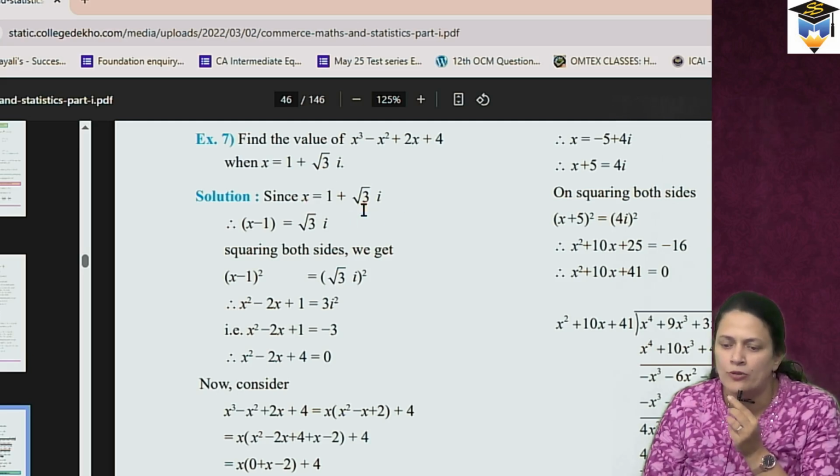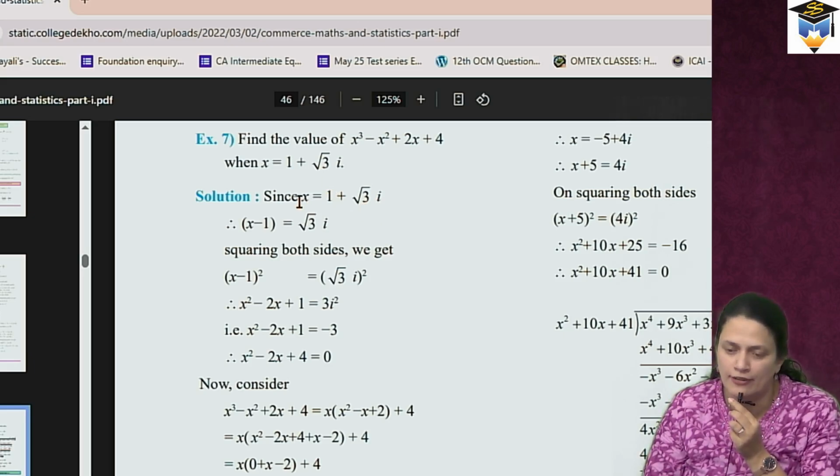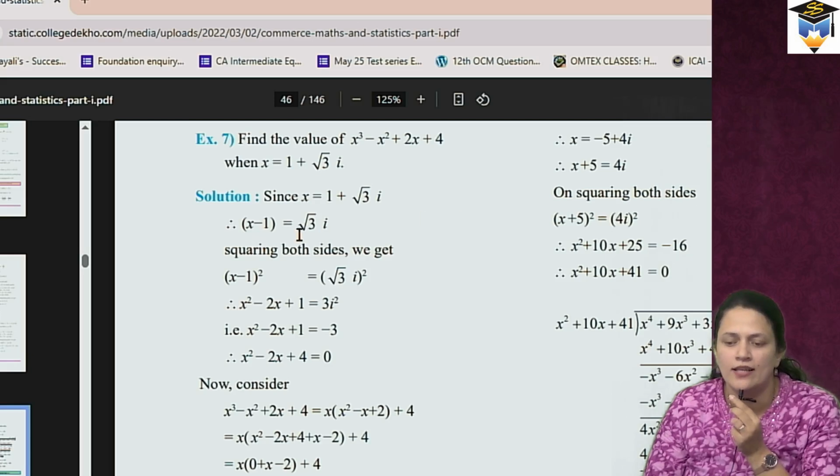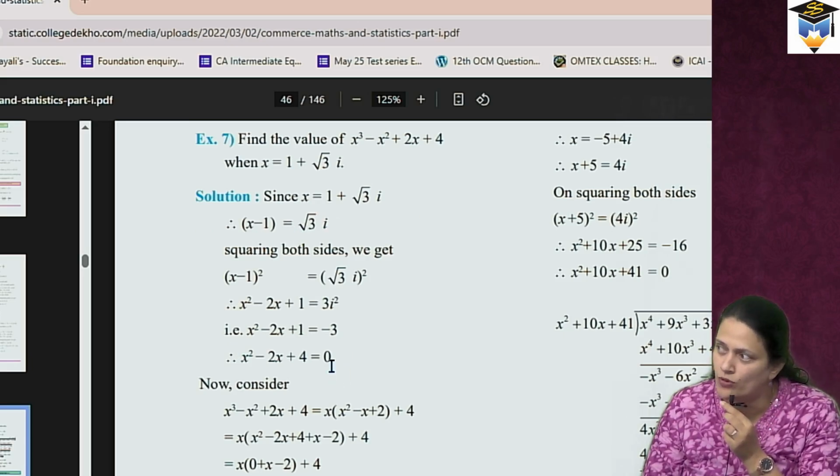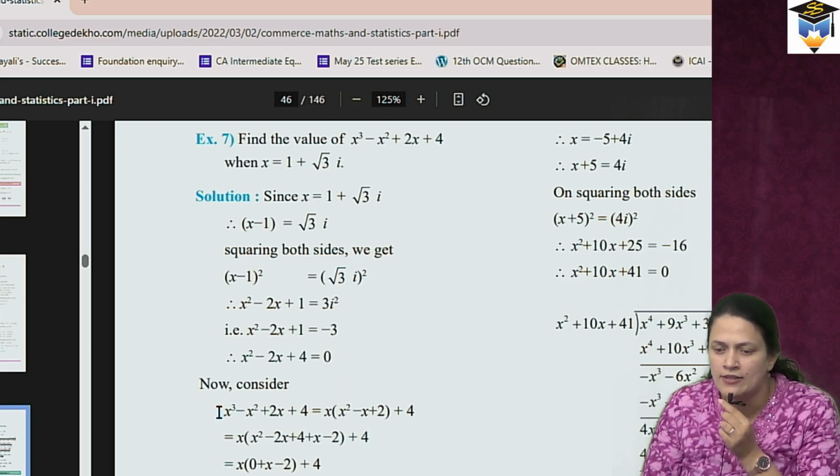Okay, so now what we are going to do is, we will take all the real numbers on the left hand side. So x minus 1 is equal to root 3i. When you square both sides, you get x square minus 2x plus 4 is equal to 0, which becomes a quadratic equation. Okay, now this is the equation or polynomial that is given to us.